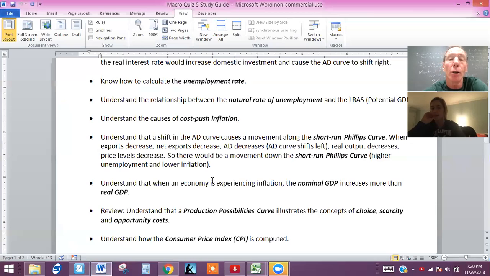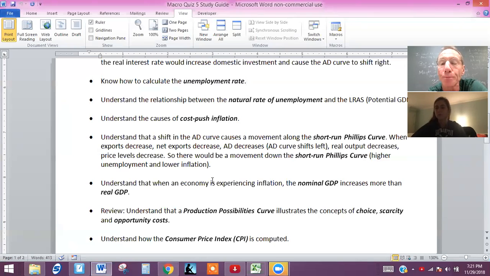Now we need to understand that a shift in the aggregate demand curve would cause a movement along the short run Phillips curve. Okay, so let me read through this, and then I'll just explain it on the graph. When exports decrease, net exports decrease, shifts left, real output decreases, price levels decrease, so there would be a movement down, right?